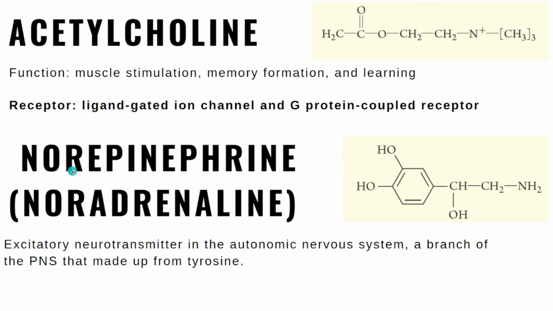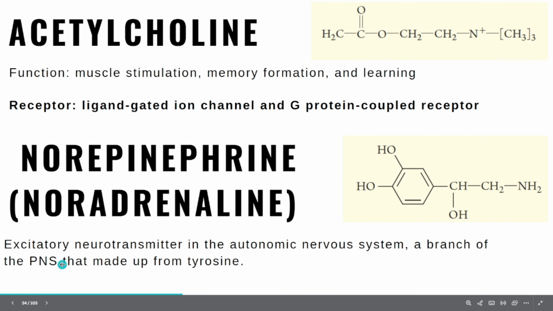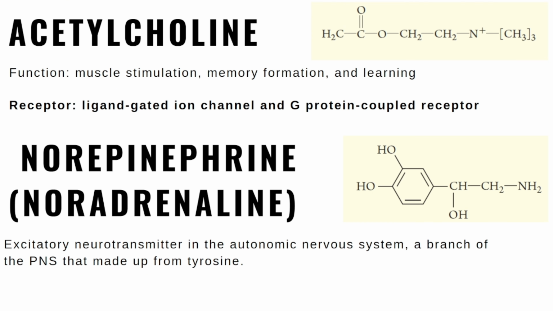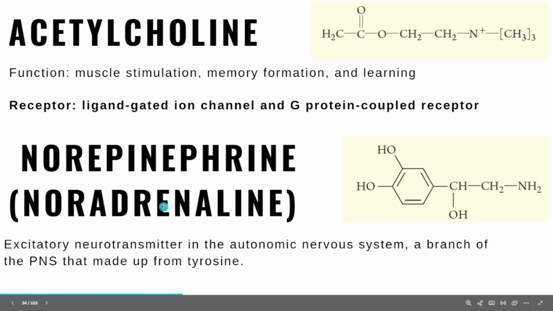Okay, for noradrenaline, or in the US they say norepinephrine. Normally this occurs in the autonomic nervous system, a branch of the peripheral nervous system, and is made from tyrosine. You can find it in the sympathetic nervous system, right? The major function is to increase the heartbeat rate.